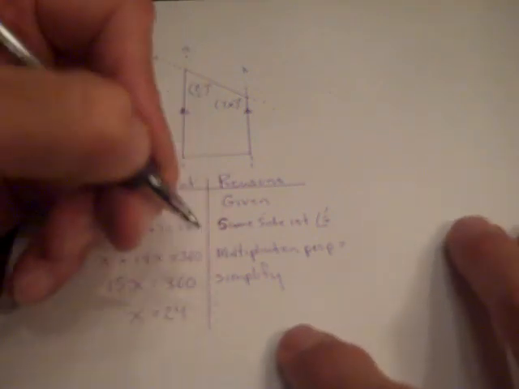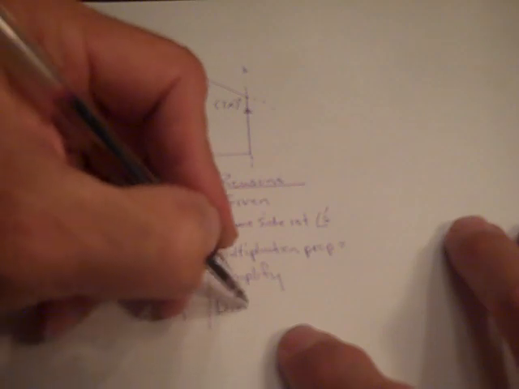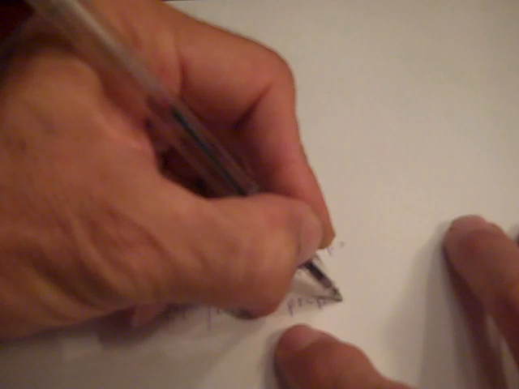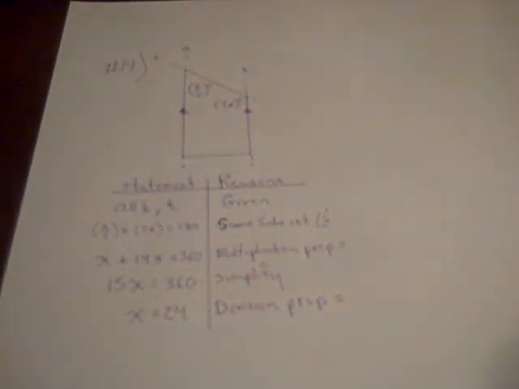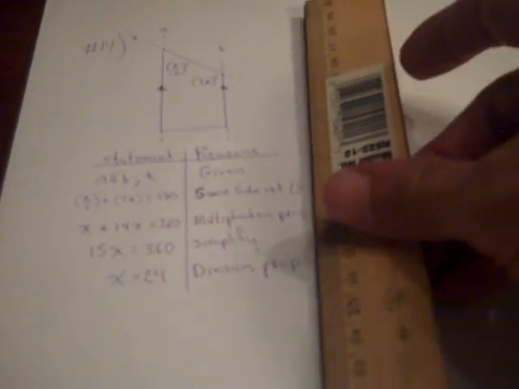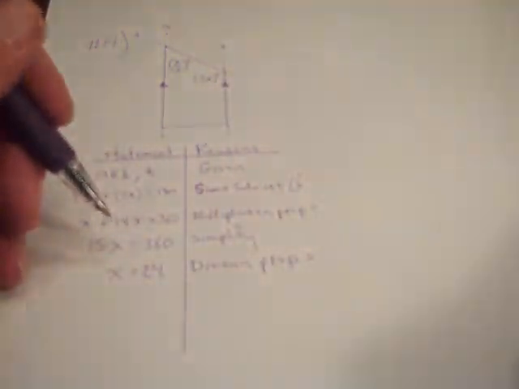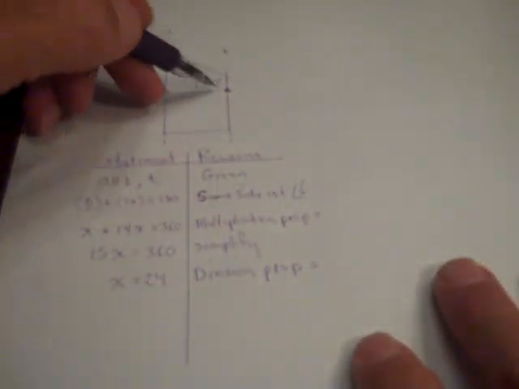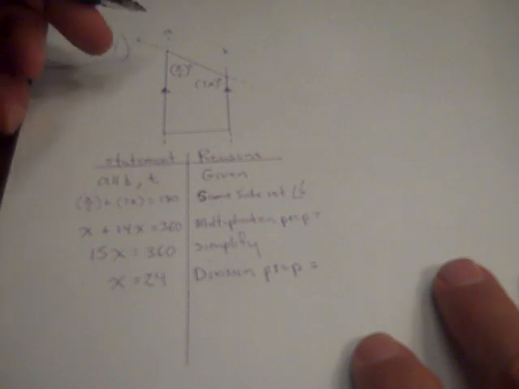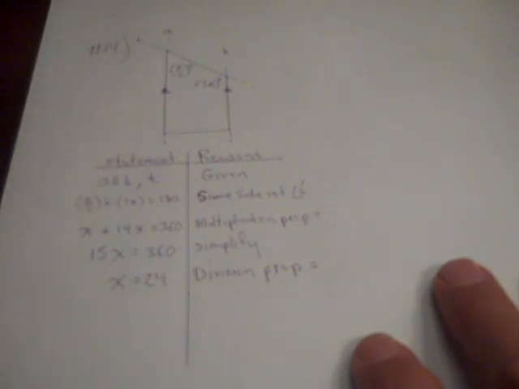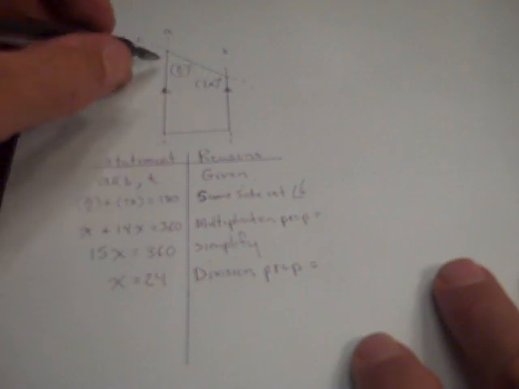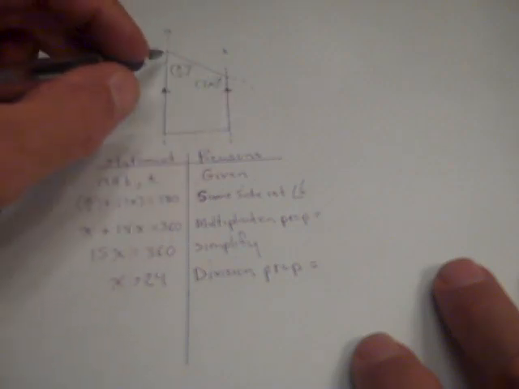That's the division property of equality. So we have solved for x, and now what I need to do is plug this value of x back into these angles and solve for the different angles. Then they should be equal to 180 degrees.